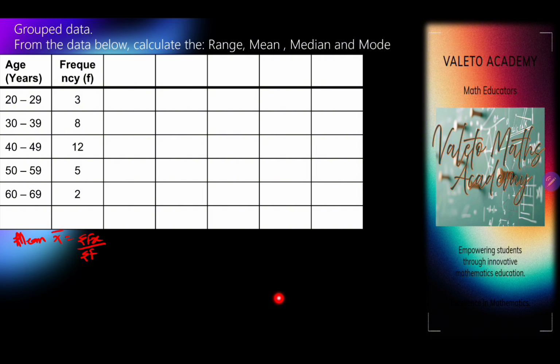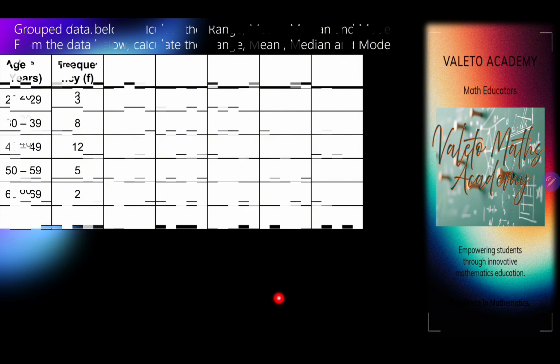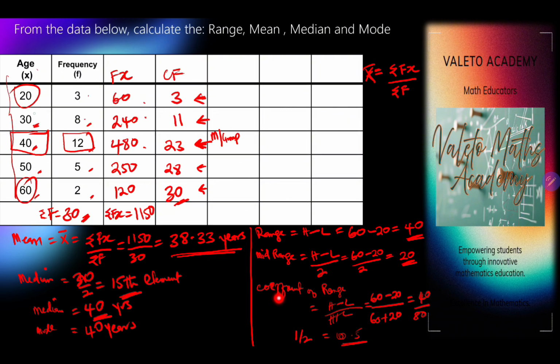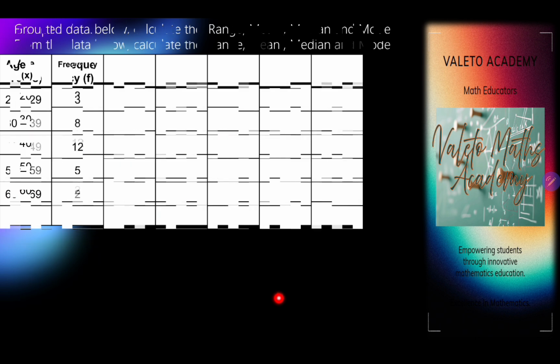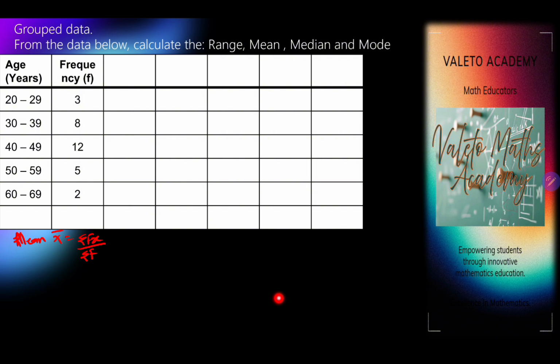Now, for x, which is our ages in years, we see that it's in groups. In the previous example, we just had one value, 20, 30, 40, so it was easy to use the value as x. Now that we have multiple values in the group, we have to find a particular value from each group that will represent it.